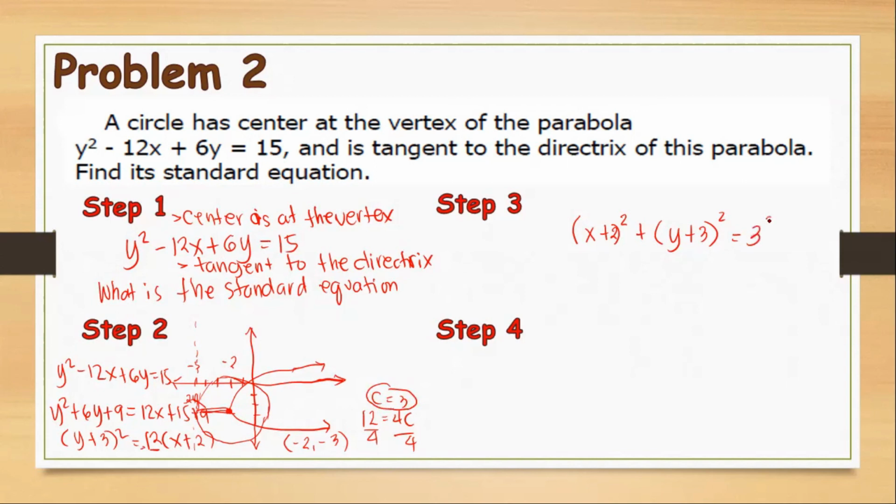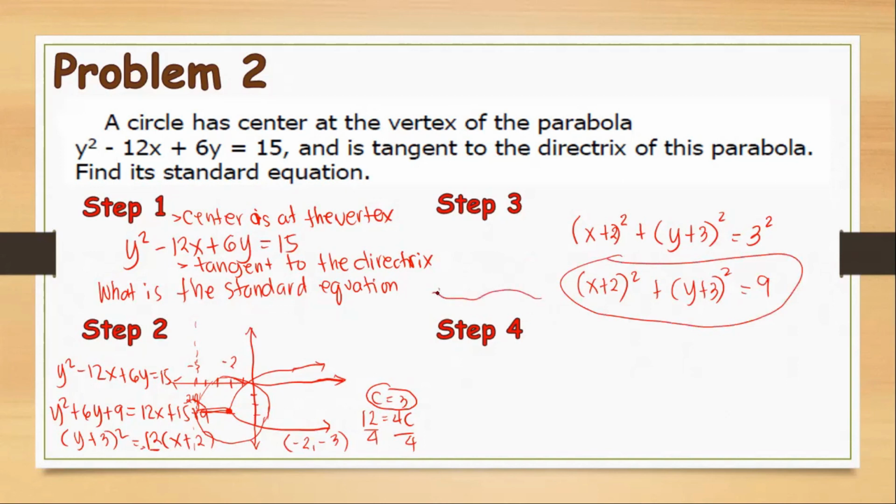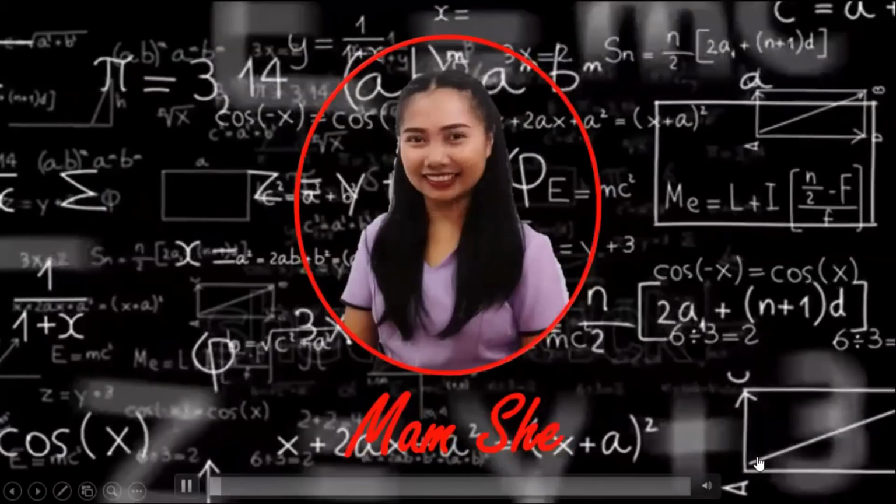So the radius will be 3 squared. So we have x plus 2 quantity squared plus y plus 3 quantity squared equals 9. This will be the equation of the circle, and that answers our question on step 1. All you have to do is check whether it is correct or not.